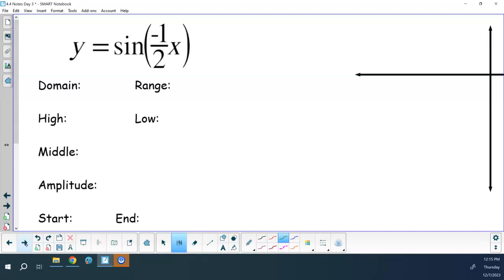So we have to think about our obviosities on the unit circle. Having a negative angle, because you've got a negative input, means that we're going in the opposite direction on the unit circle.